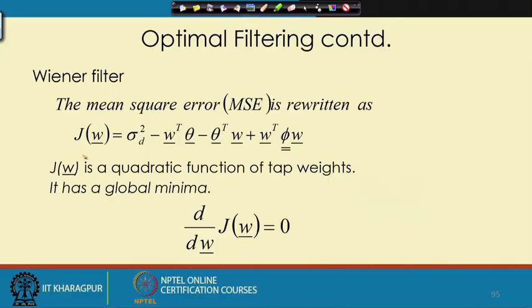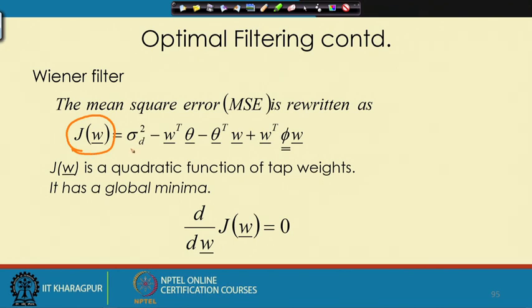So, for the Wiener filter, now that we have the constituent terms, with the help of that we can write the mean square error J(W) in a more compact way.